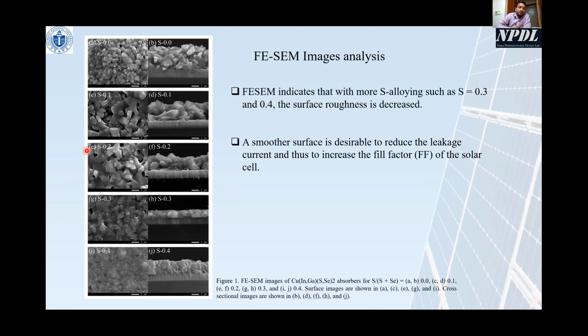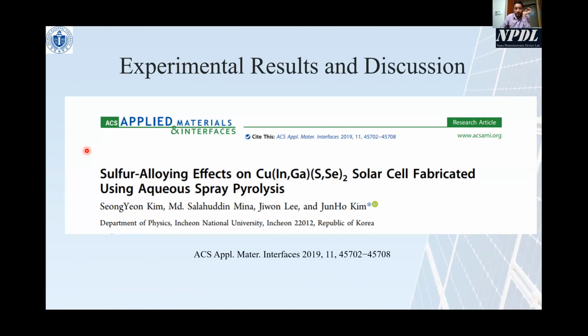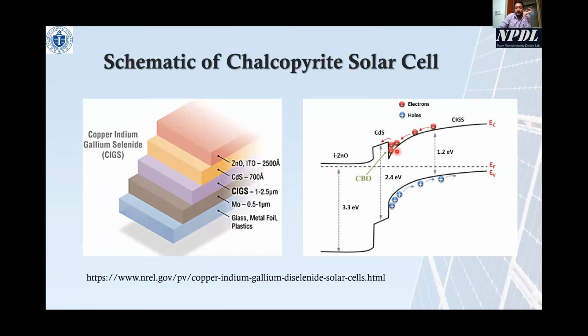If our film surface is too rough, then we cannot use that absorber for the fabrication of a solar cell, because the mismatch between the absorber and the buffer layer means they are not well matched. And if it's not well matched, then trap levels are also created here. So surface smoothness is required for the absorber and buffer layer.